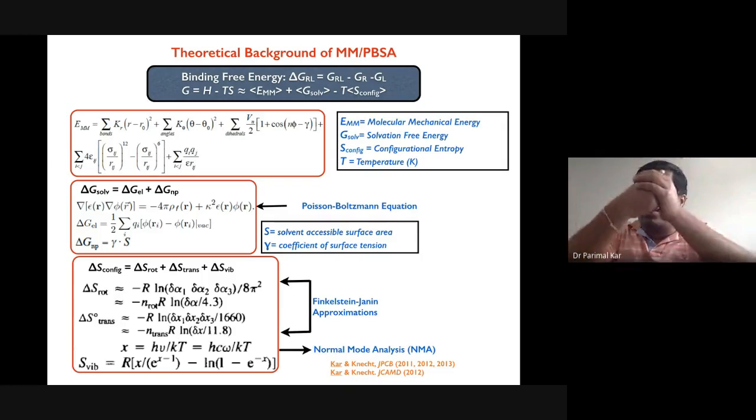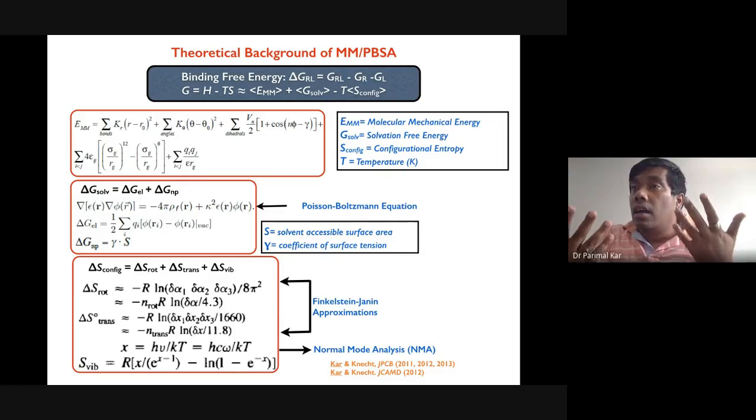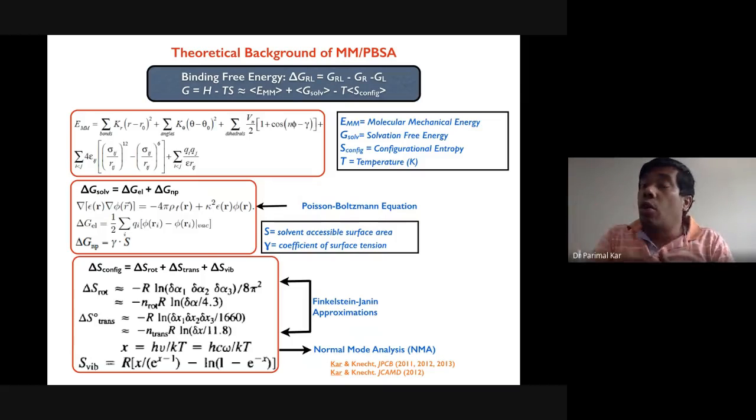When they bind, they lose these 3 different degrees of freedom. That will cause some entropic penalty, and entropy always disfavors the complex formation. So you have to take it into account. If you don't take the entropy into account, then you will get a very high negative energy and you will think, oh, this compound is going to work because I got a compound which binds very, very strongly.